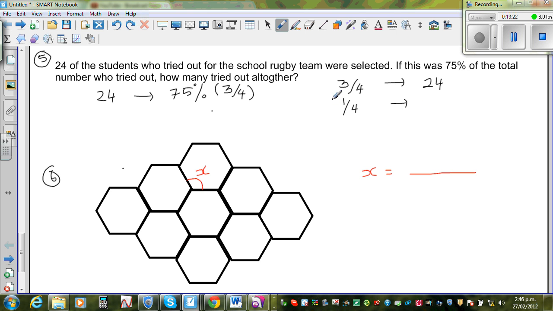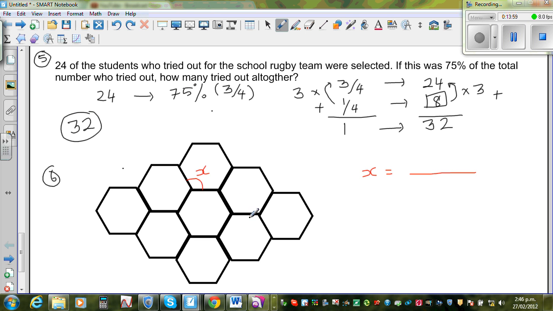This number times 3 should give you 24. So what times 3 is 24? 8. 8 times 3 is 24. So 3/4 plus 1/4 is a whole. The whole would represent 32 students. So altogether there were 32 students. 32 is the answer.